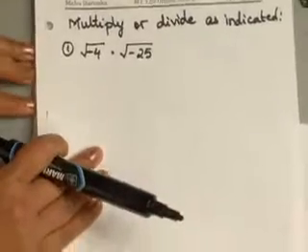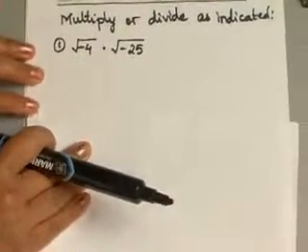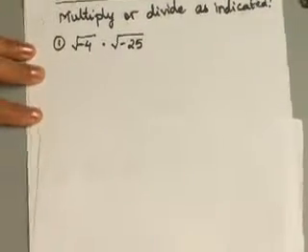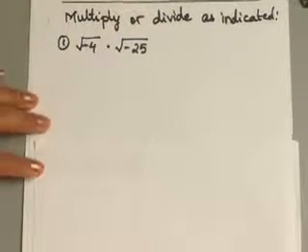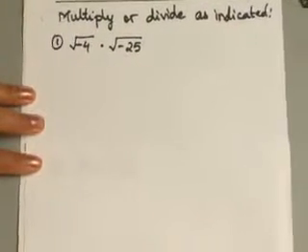So let's look at a couple examples here on how to multiply or divide numbers of this form. So let's say we have negative square root of negative 4, and we're trying to multiply that with square root of negative 25.